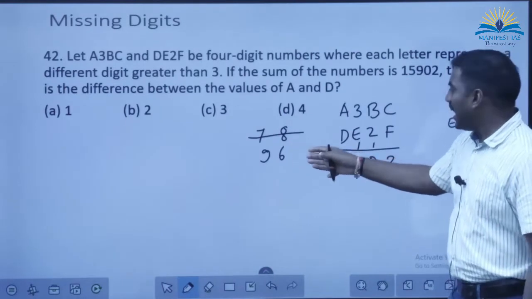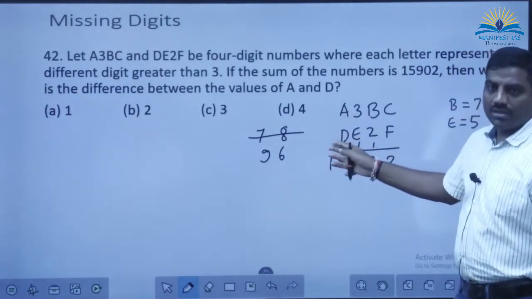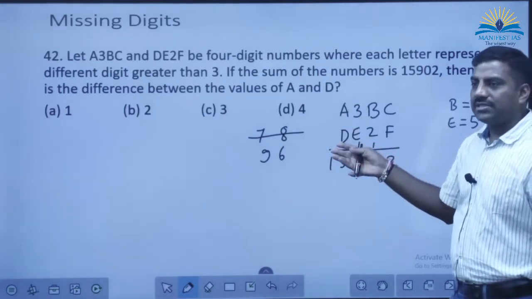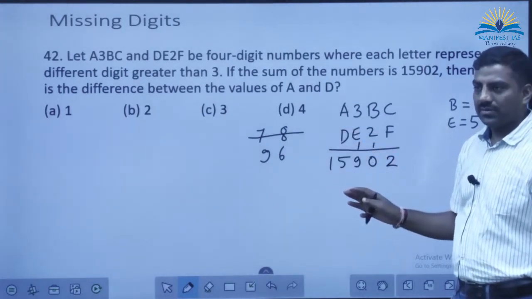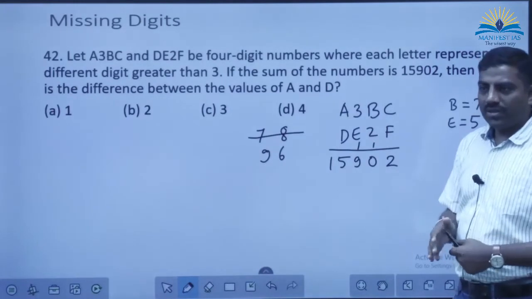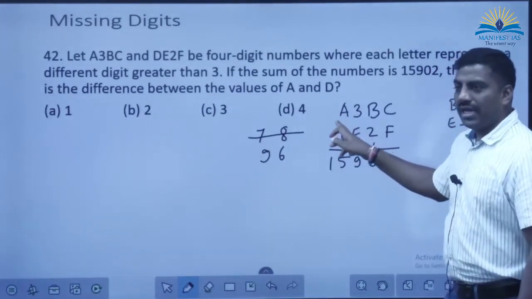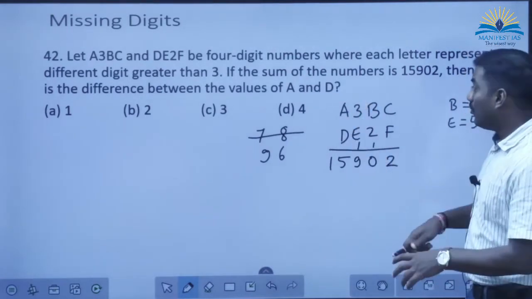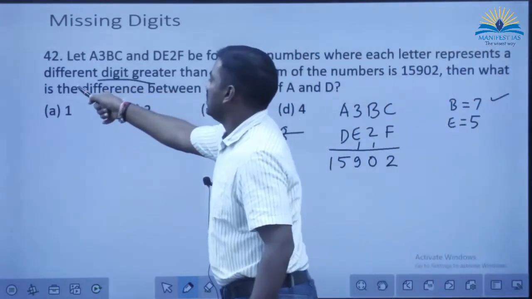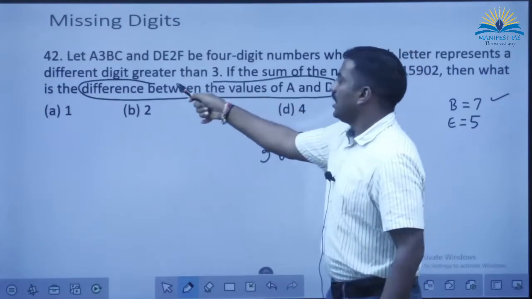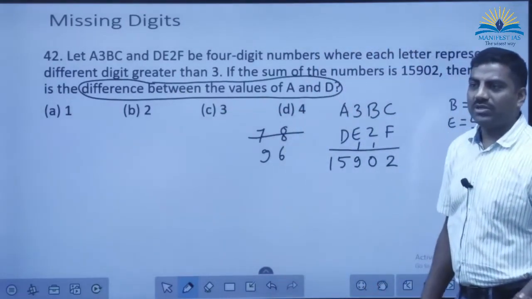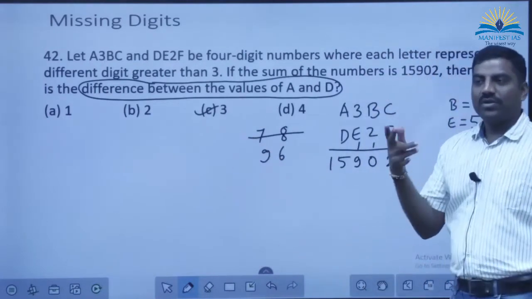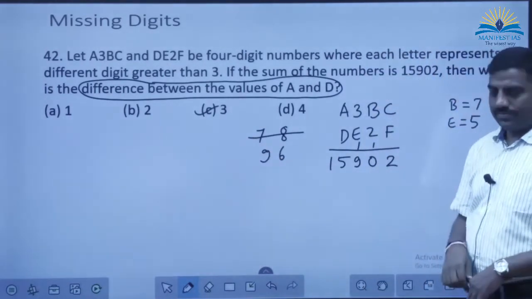A can be 9 or D can be 9. A can be 6 or D can be 6. They are not telling you that this should be A or this should be D. Sum is 15, that's it. And finally what they are asking? Difference between A and D. How much? 3. But it needs lot of patience and calculation.